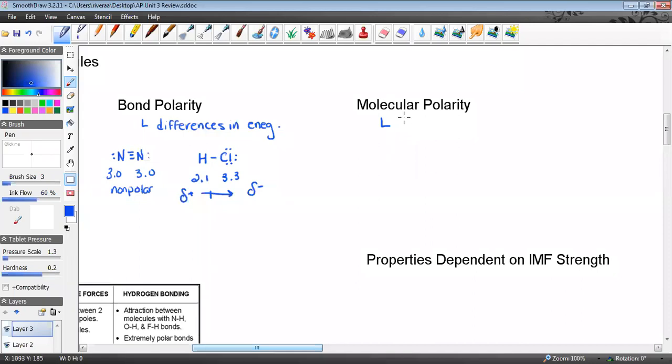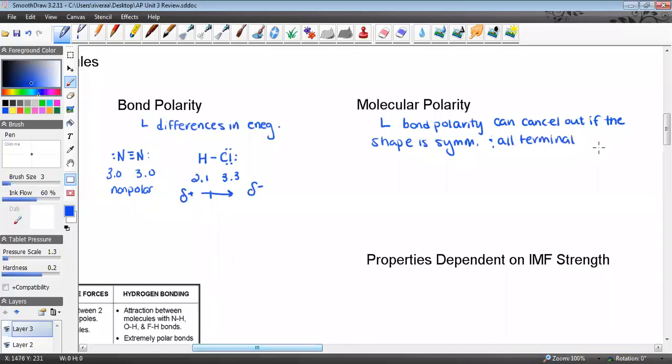And so there are times when bond polarity can cancel out if the shape is symmetrical. And in addition to being symmetrical, all terminal atoms are the same or have the same electronegativity values.